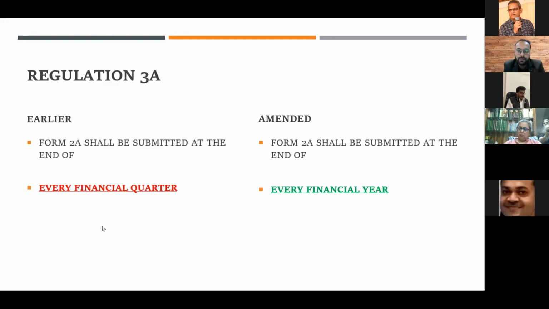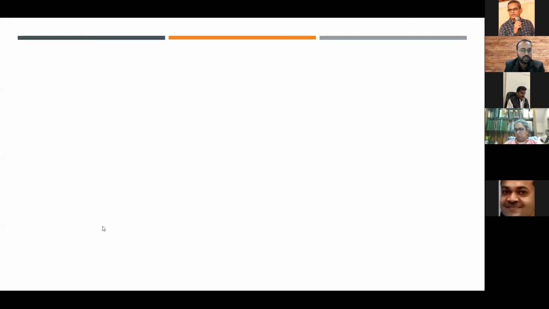So here we have to submit this certificate before 31st March of the financial year, and no need to submit it quarter-wise. Earlier 4 forms were required. Now only 1 form is required for the entire financial year, and the entire format of Form 2A is being changed. That we will take in further slides.